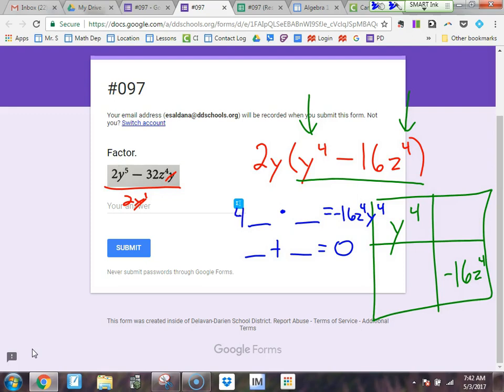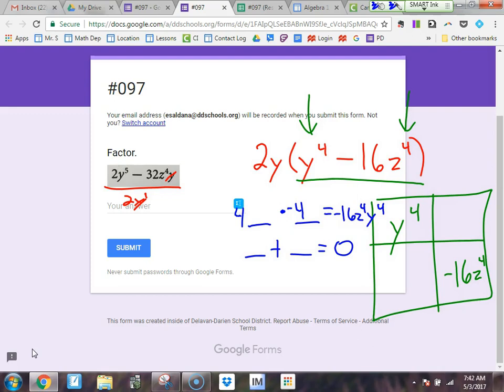But I have to consider a little bit more than just the numbers here, because I have that z to the 4th, y to the 4th. Well, it's going to have z involved in it, and it's going to have y involved in it. They're going to have to multiply to give me negative 16 z to the fourth, y to the fourth, but then add to give me 0. So they're both going to have the same number of terms. I have to be able to put them together.